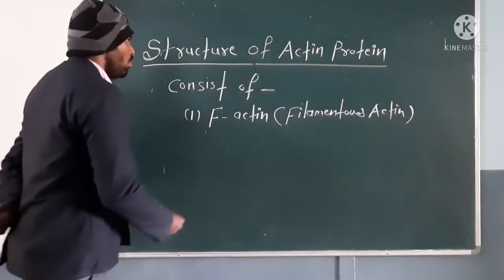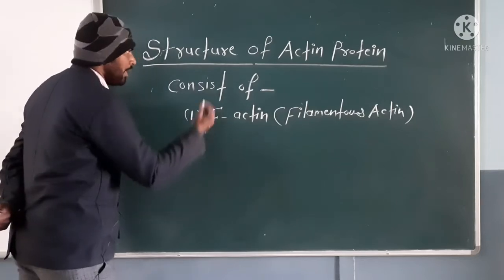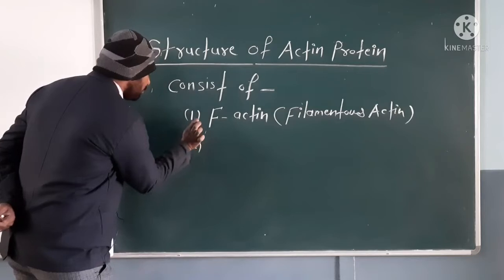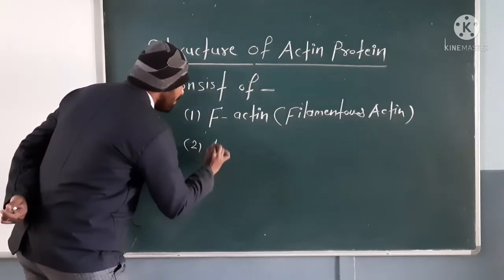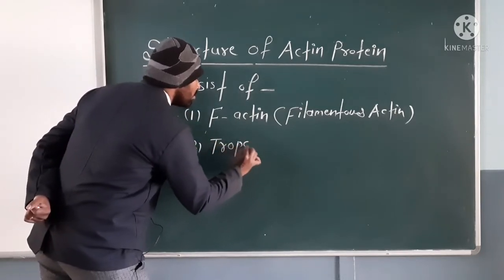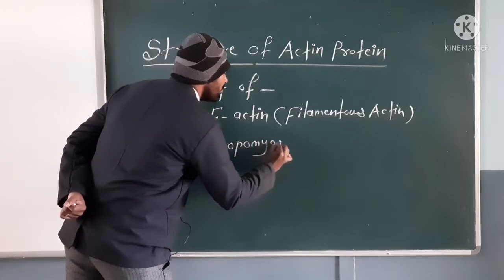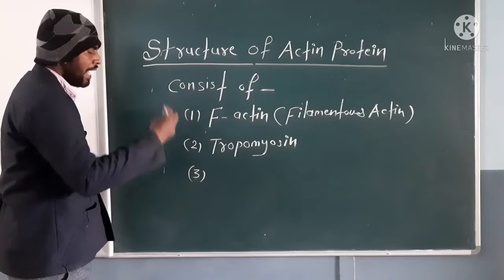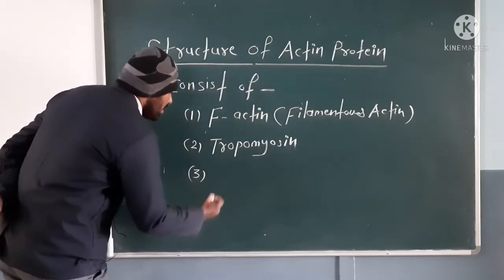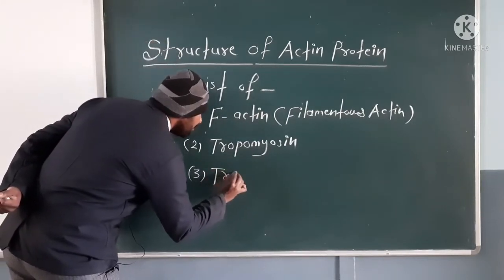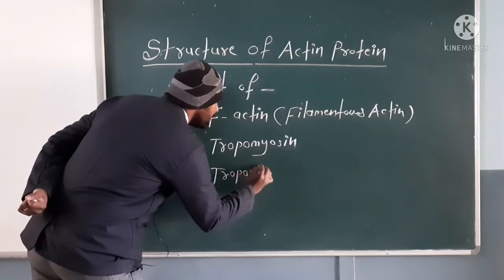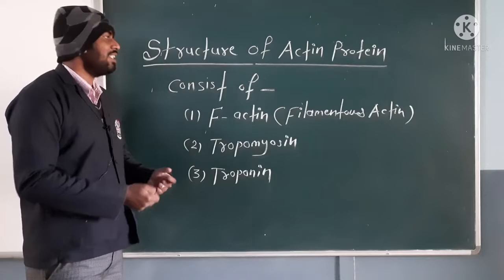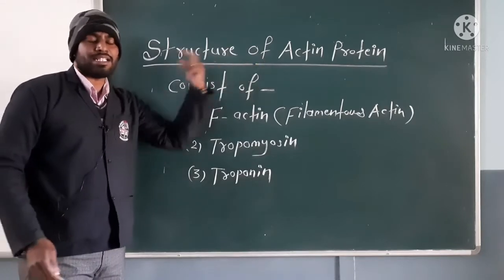The second protein which helps in making the actin protein is tropomyosin. And one more protein which is found in the actin filament is called troponin. So these three different proteins actually build the thin filament actin.